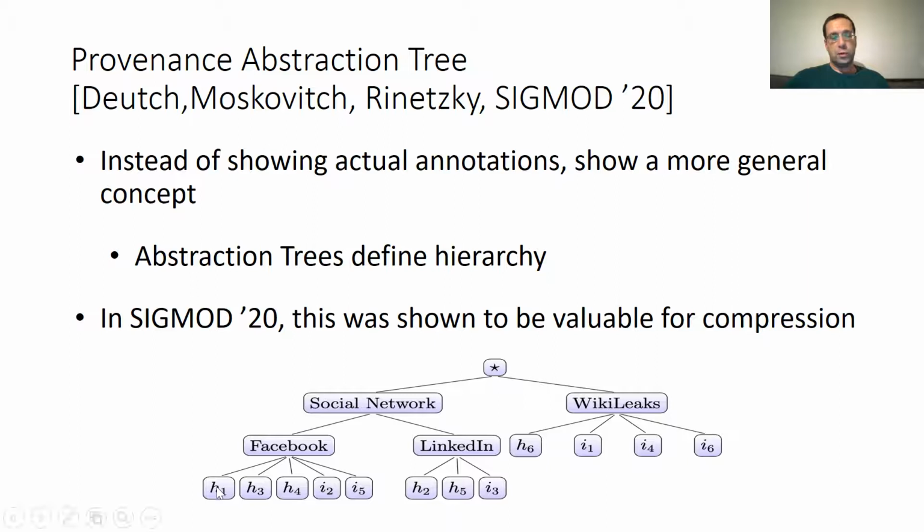So for instance, these are annotations of tuples from the input database, and they all come from Facebook. And Facebook is a social network, etc. So we have this hierarchy of concepts where at the bottom, at the leaves level, we have the provenance annotations.